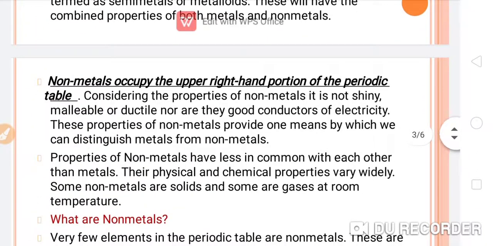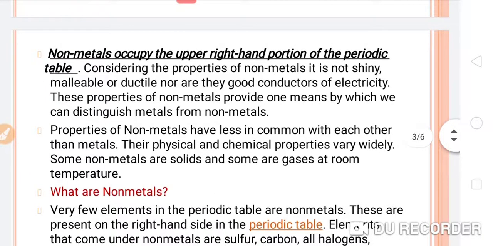Now non-metals occupy the upper right hand portion of the periodic table. Considering the properties of the non-metals, they are not shiny, malleable or ductile, nor are they good conductors of electricity.